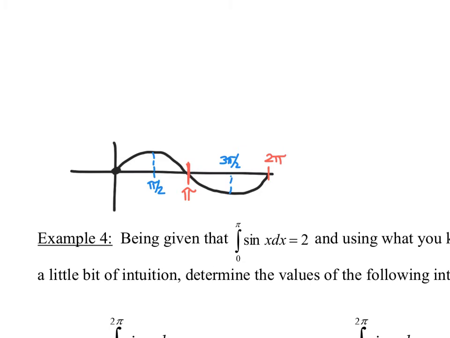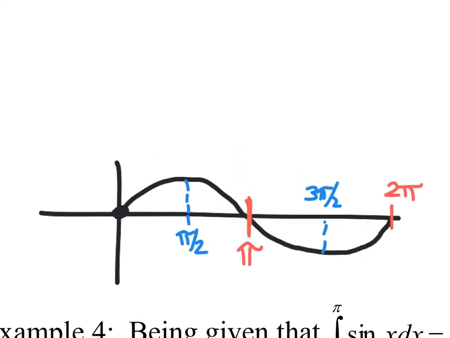If I know that I have an area of 2 on this whole interval from 0 to pi, what do I know about this subinterval? What's its area going to be? Half. Half of that, which would be 1. All right. So I know it's going to be 1 unit. Intuition. All right.